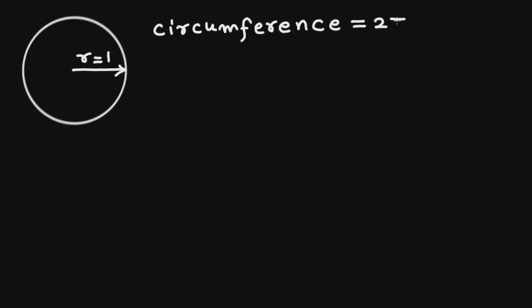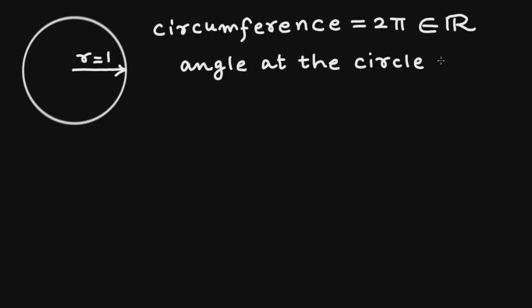The length of a unit circle with its radius 1 unit is nothing but the circumference 2 pi r, but since the radius is 1, it is 2 pi, which is a real number. We have just seen the length of an arc of a circle in real numbers corresponds to the angle made at the center of the circle in radians, which will be 2 pi radians.